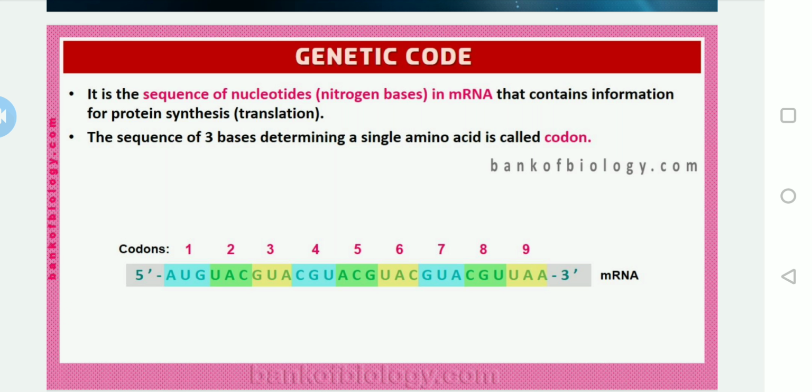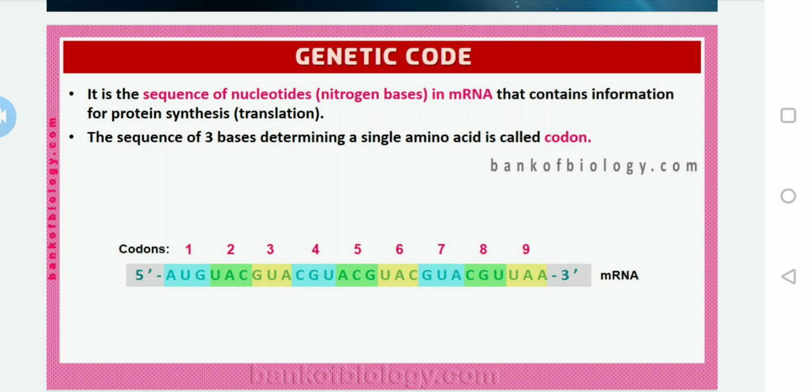You can write the definition: a sequence of nucleotides in messenger RNA that contains the information for protein synthesis, or in other words, the coded message or genetical information present on the messenger RNA strand that is decoded into a polypeptide chain is called genetic code.